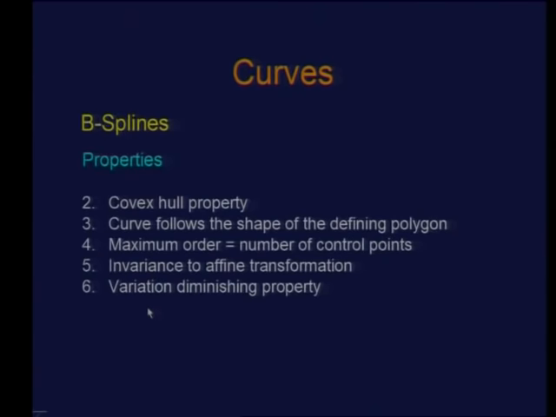Similarly, they also exhibit the property of variation diminishing. So, the turns and twists which you have for the spans of the polygon, the curve has fewer turns and twists.